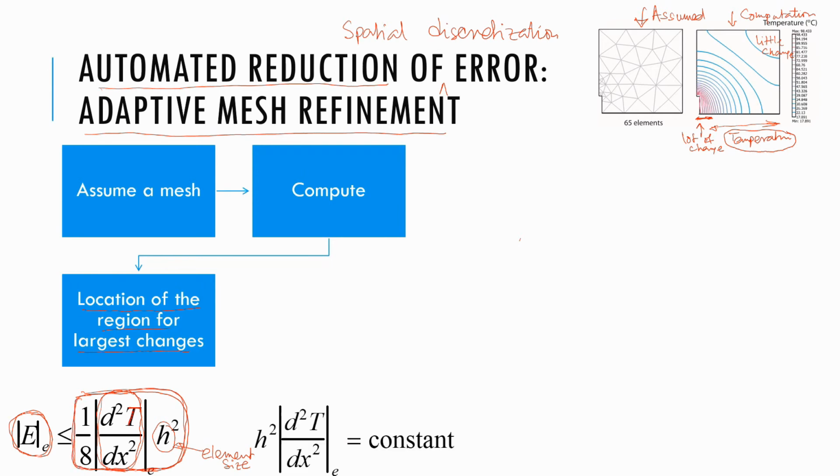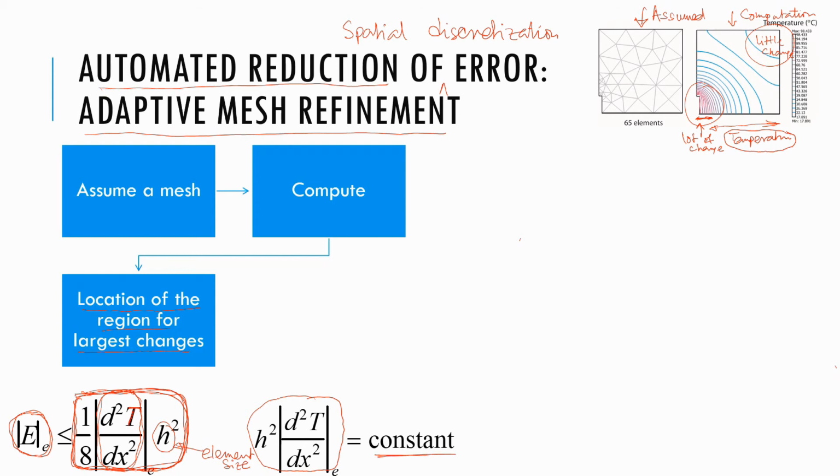So what I do is, if I want to keep the error more or less constant from this region to this region, then from this expression, I want to make the part h squared d squared T dx squared a constant.